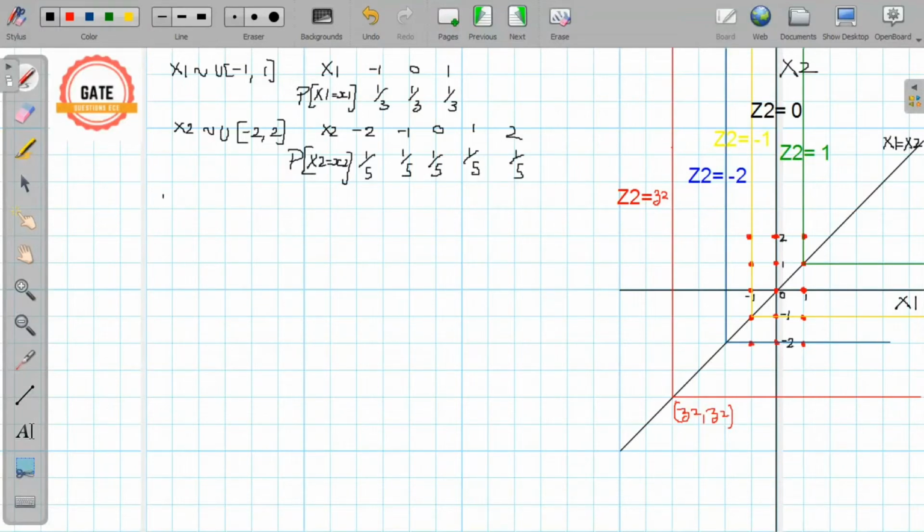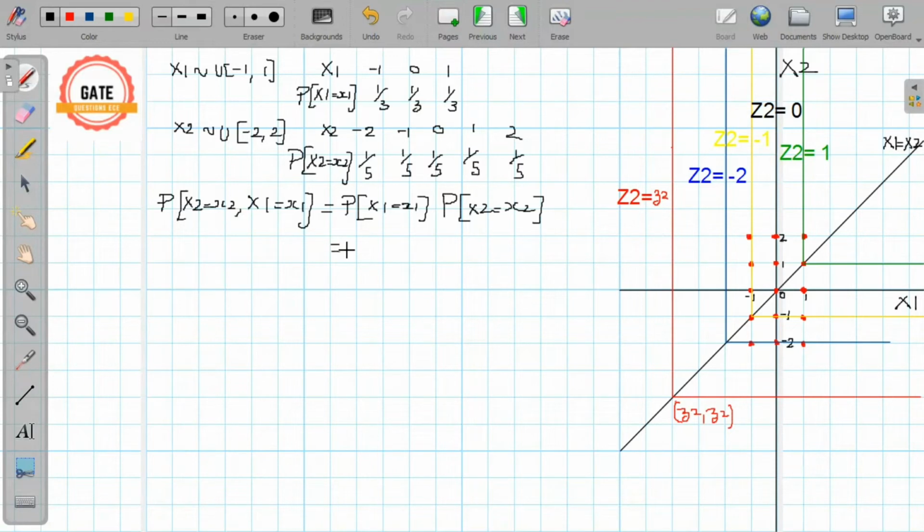So the joint probability of x2 and x1 will be the product of the marginal probabilities of x1 and x2. Why? Because here x1 and x2 are independent events.